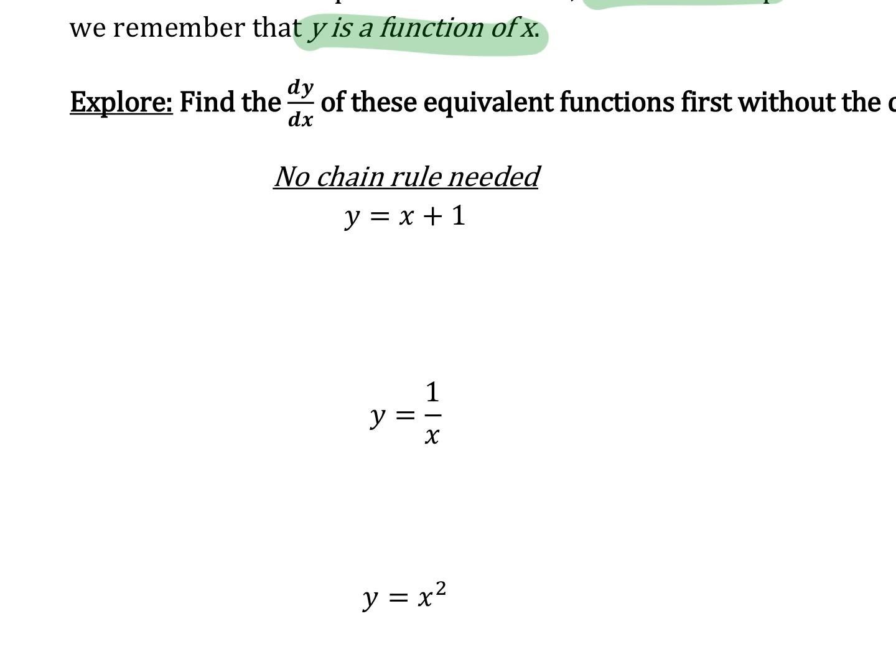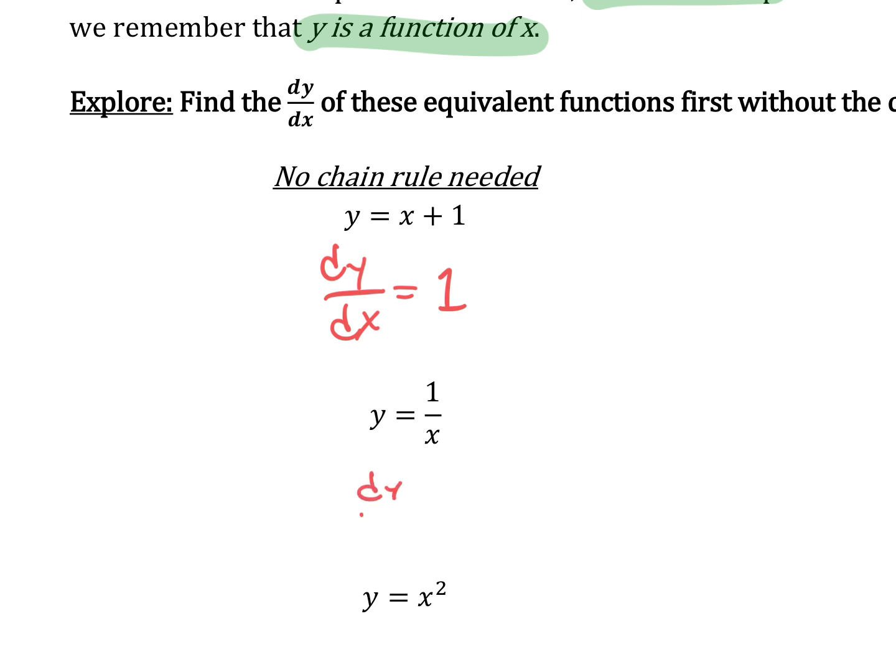Well, here we have an equation, y equals x plus 1, a pretty simple function. So if we take the derivative of y, well, the derivative of x plus 1 is just 1. So dy/dx is 1. The derivative of 1 just goes away.